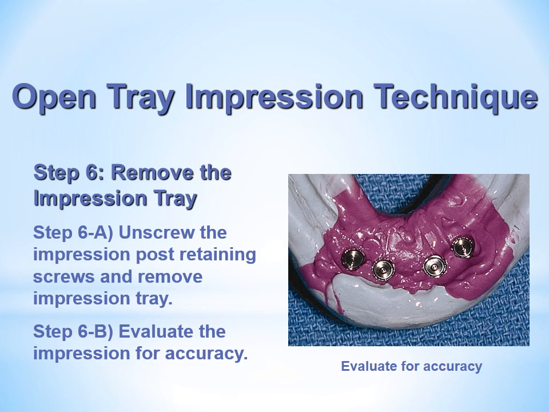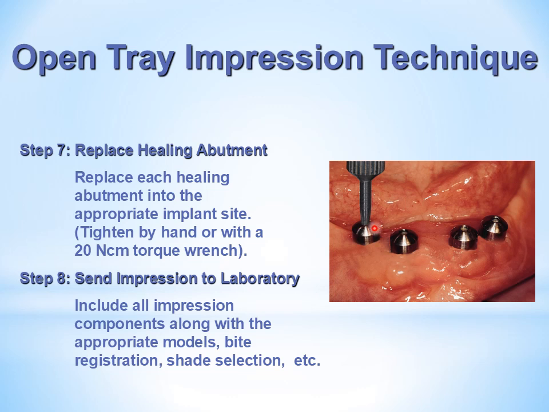So we must unscrew the impression post before removing the impression. After that, replace each healing abutment into the appropriate implant site and tighten it by using the screwdriver, or sometimes need the torque ratchet.